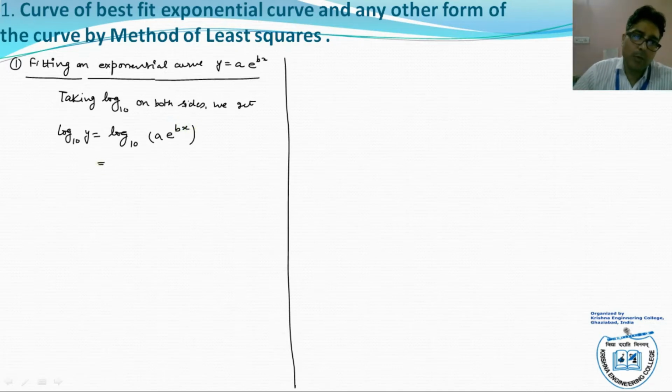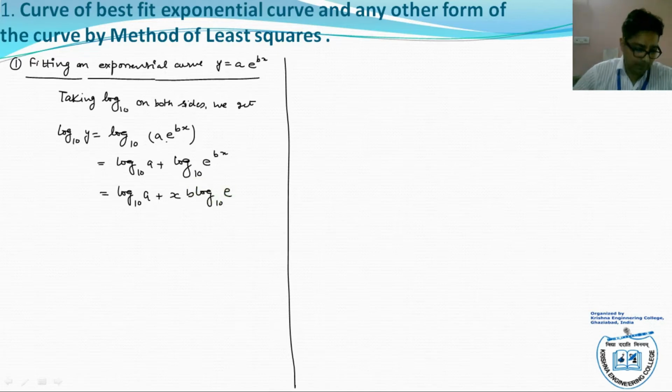By the property of log, this can be written as log 10 a plus log 10 e to the power bx. Again, using the property of log, taking the constant b x, this becomes log 10 y is equal to log 10 a plus b x log 10 e.